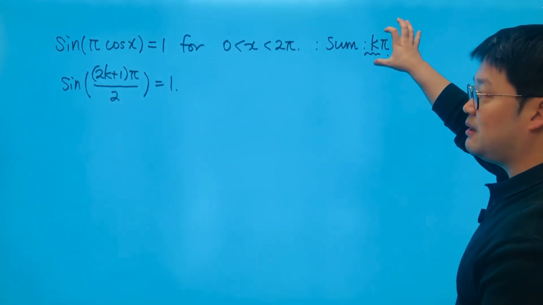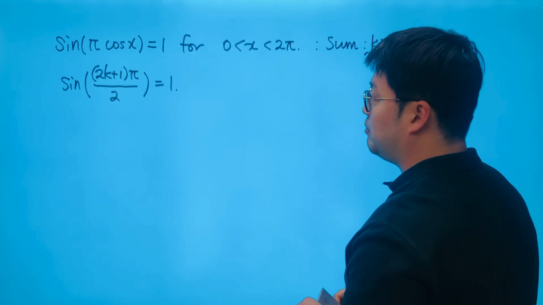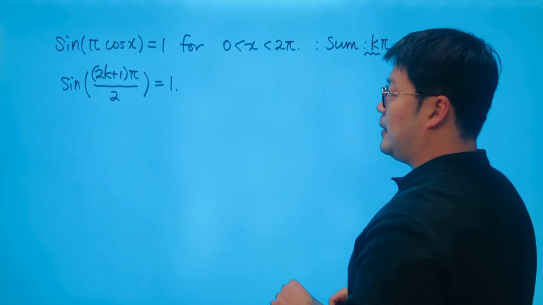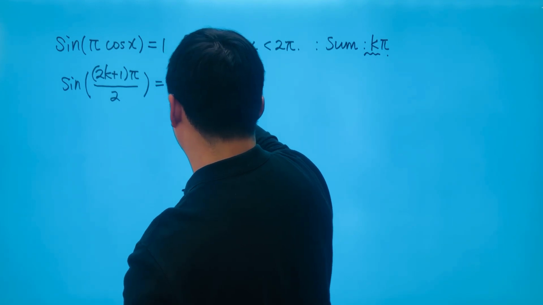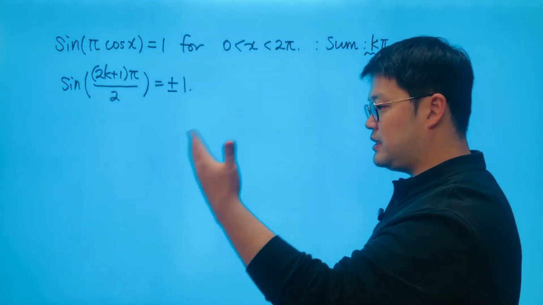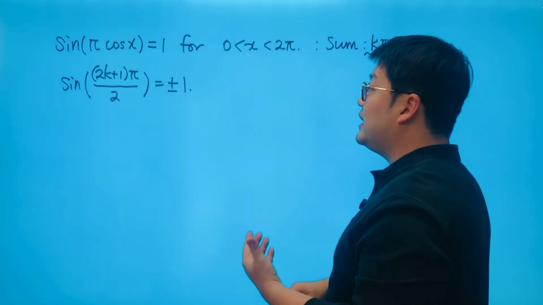Of course, they're not the same k. I just wrote down that we can write odd multiples. It could be sin(π/2), sin(−π/2), sin(3π/2), and so on.